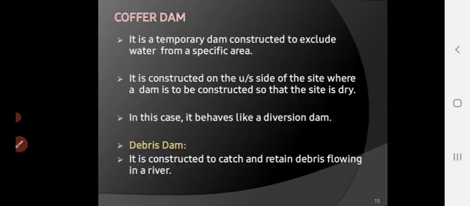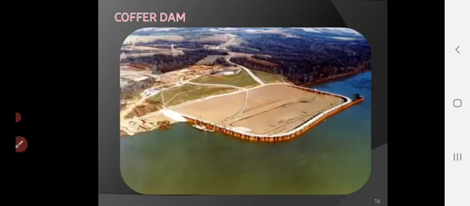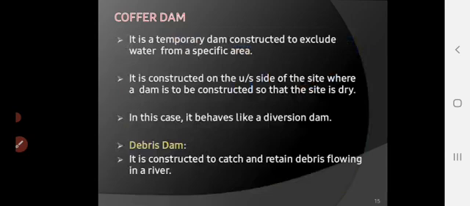Likewise, coffer dam, it is a temporary dam. Okay, let's see the figure first. This is the coffer dam figure. So what is the function? Okay, this is a coffer dam. It is a temporary dam constructed to exclude water from a specific area. So it stops water for a specific purpose.